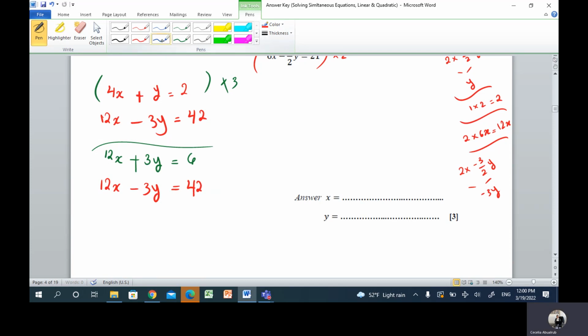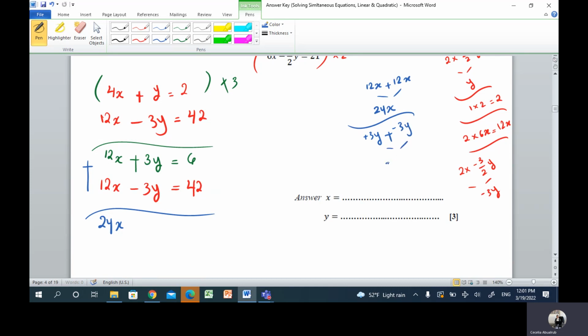Now I will ask myself, I'm getting rid of y. Shall I add the two equations or subtract them? I will add the two equations and I will explain why now. So we're going to say 12x plus 12x. The answer will be 24x. And we're going to say positive 3y plus minus 3y.